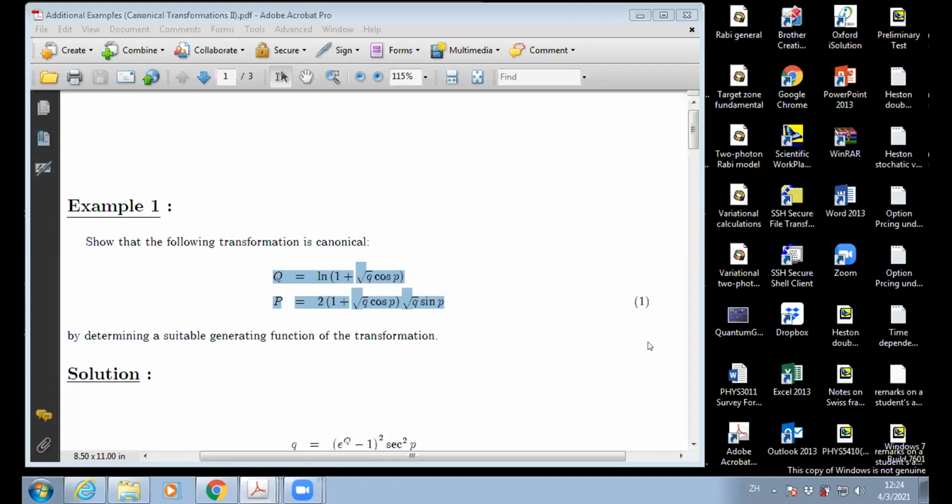This is the textbook by Landau and Lifshitz, Classical Mechanics, by the Russian theoretical physicist Landau. Landau is commonly known as the poet in physics.